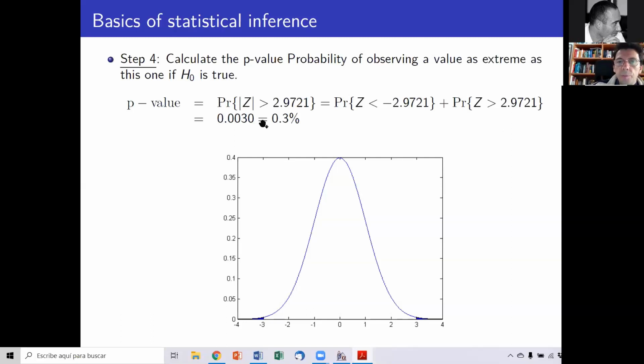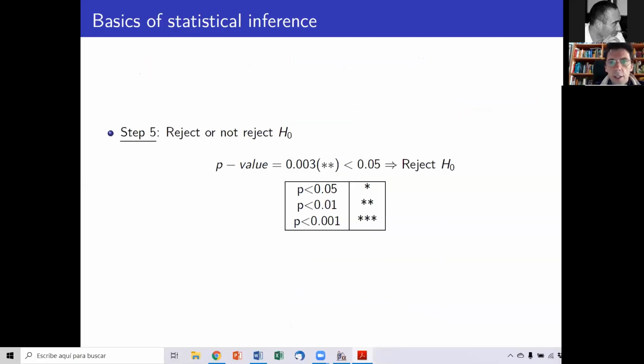So that is, if the null hypothesis is true, only in 0.3% of the cases of my experiments where I take 20 tablets and I compute the average, I would observe deviations that are as large as 0.6 milligrams. So now it is where the threshold comes in. This threshold of the confidence level was 0.05. If your p-value is smaller than that, then you reject the null hypothesis.